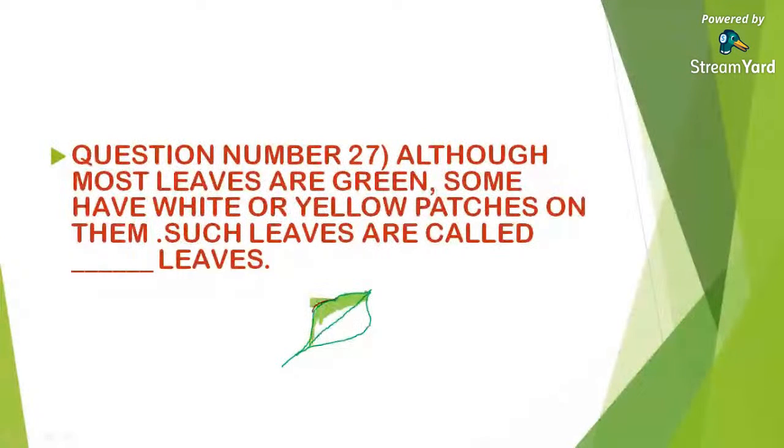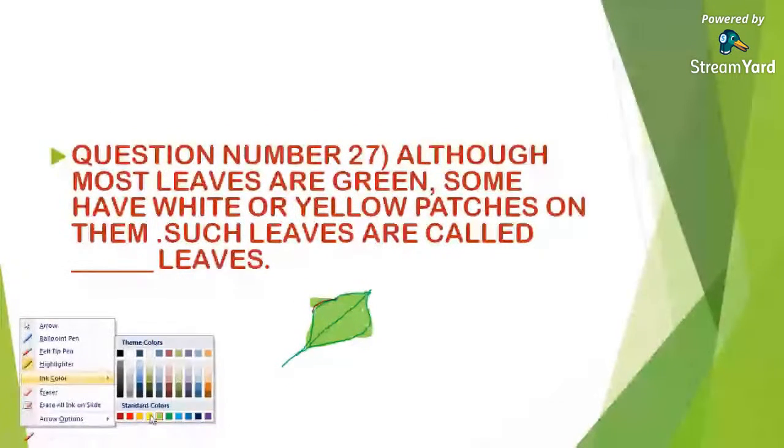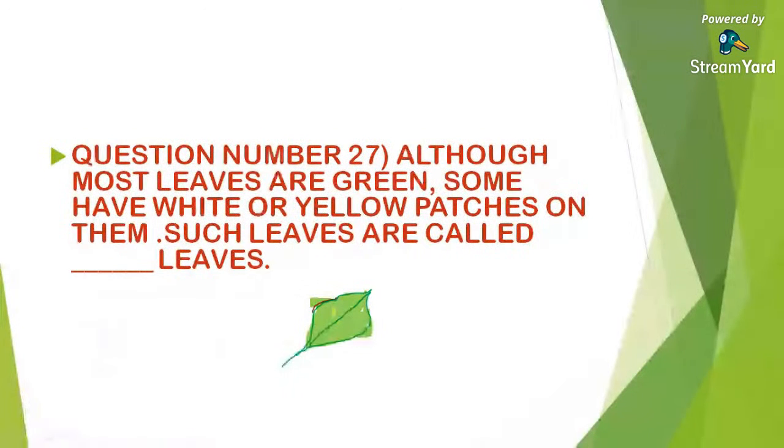And the correct answer is, you can see, the part I have colored here is green. So basically, when it comes to drawing a leaf and coloring it, usually we color it green. But sometimes you must have seen yellow and white patches are also there.